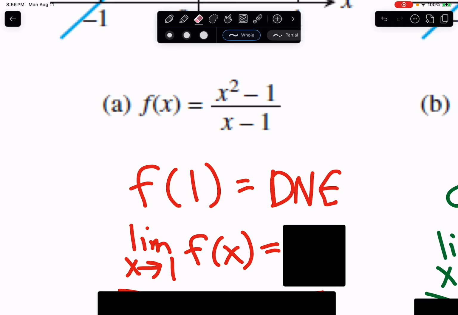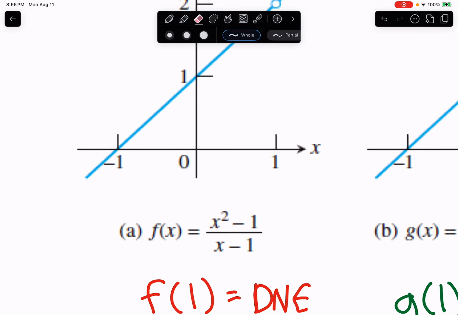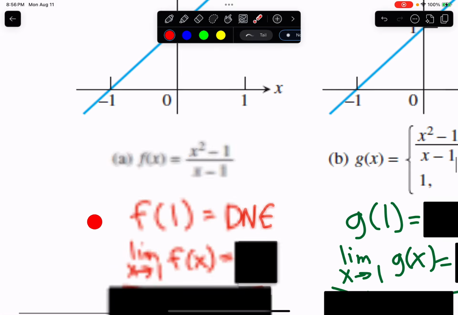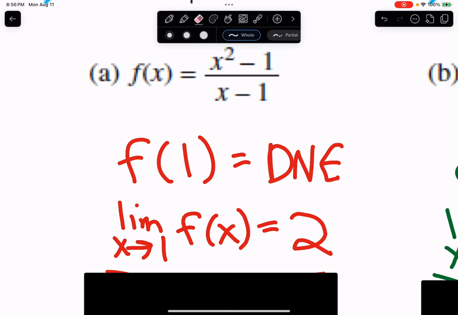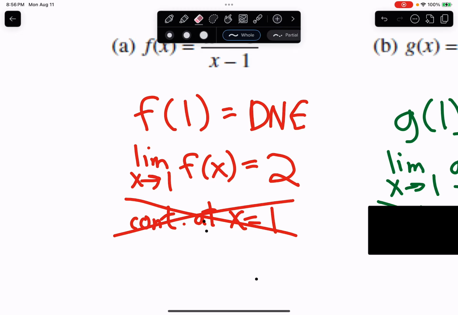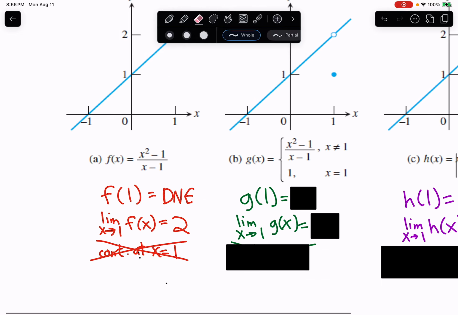Limit as x approaches 1 of f of x, right? If I trace this graph from the left and the right, I get that the limit is 2, right? And so we have function value doesn't exist, limit is some number, so this is not continuous at x equals 1.